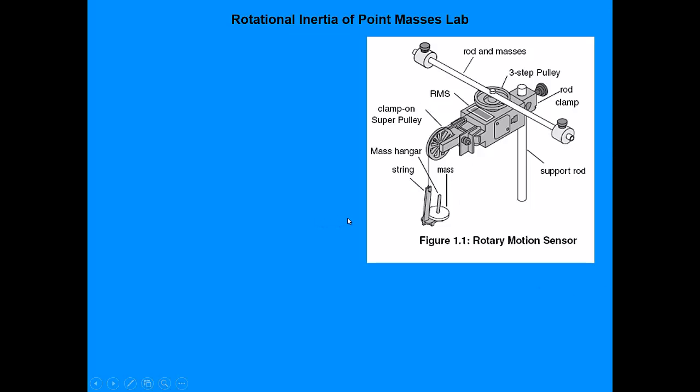So we know that the torque is equal to rF sine theta. We know that in this case, the r here is going to be the radius of the pulley. And just like the last lab, we're going to use the biggest pulley, and that radius is listed for you in your lab sheet. The force is, of course, the force of tension of the string wrapped around the large pulley.